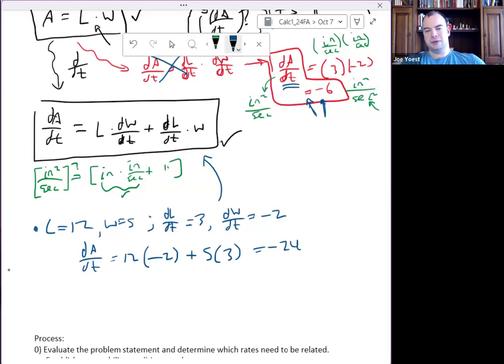So I have -24 plus 15. And I think that gives me -9. And I probably ought to write inches squared per second. So I see my dA/dt is negative at this point.